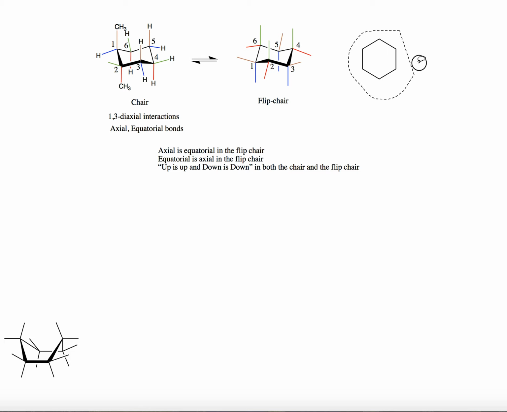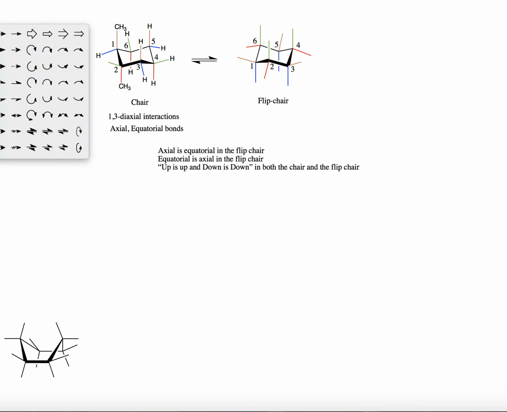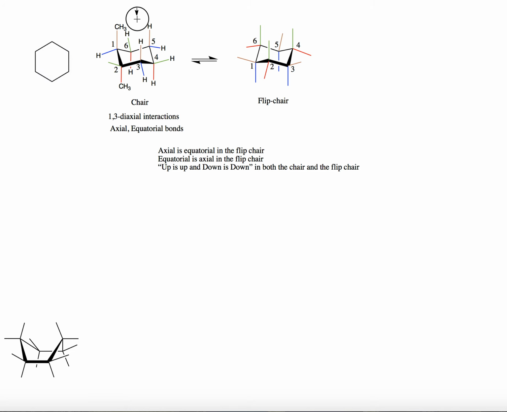So if I have this CH3 and this CH3 here, to translate this cyclohexane into a flat structure, we are going to look at the cyclohexane chair from the top. If we look from the top, in carbon 1, this methyl is coming toward us, so we are going to use a wedge bond. And in carbon 2, the methyl group is going away from us, so this would be carbon 2.